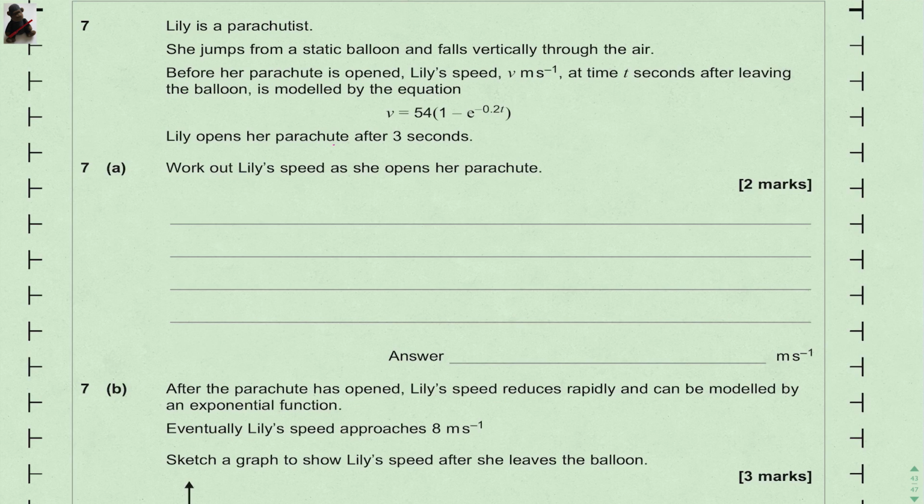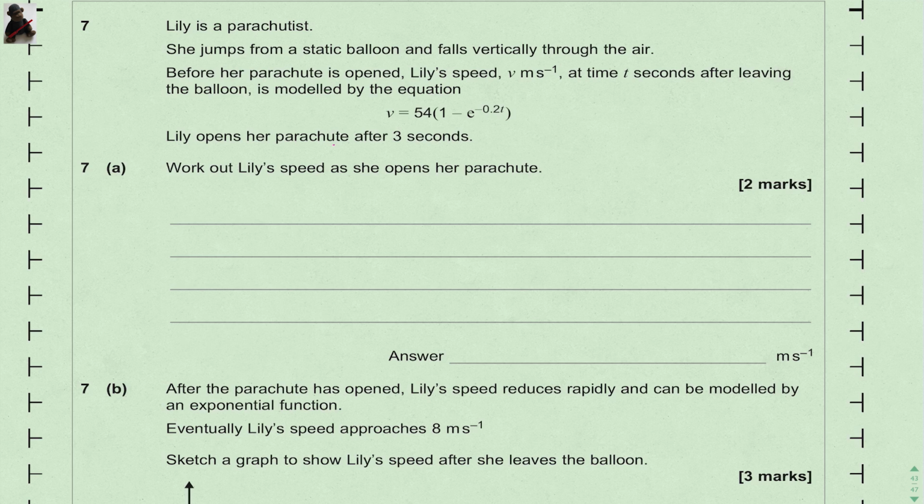Question 7. Lily is a parachutist. She jumps from a static balloon and falls vertically through the air. Before her parachute is open, Lily's speed is v meters per second at time t seconds after leaving the balloon. It is modeled by this equation: v equals 55 open bracket 1 minus e to the power minus 0.2t close bracket.